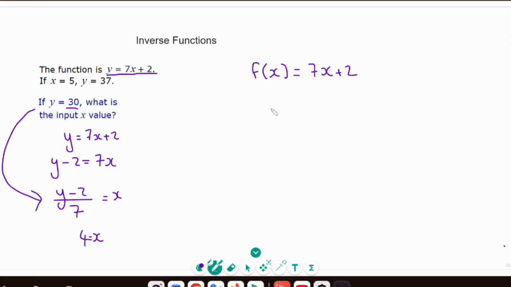So you've just got to follow some steps to find the inverse function. And the notation for inverse function is f to the minus 1 of x. So your step 1 is put equal to y. Put the function equal to y.